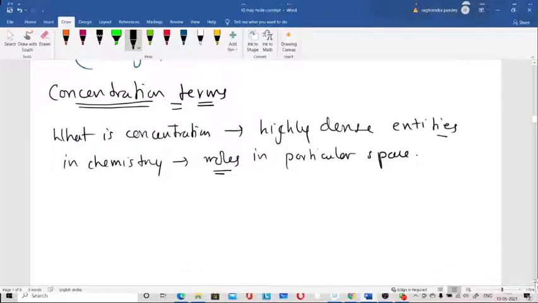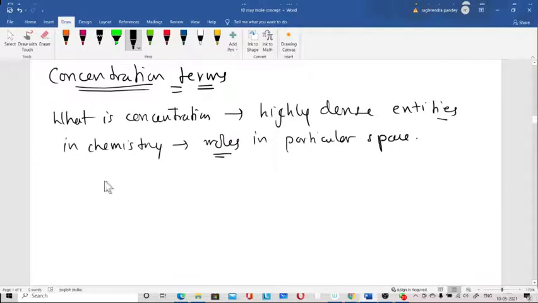Now you know that if you take milk coming out from the cow or buffalo, whatever milk is coming out, that is concentrated.